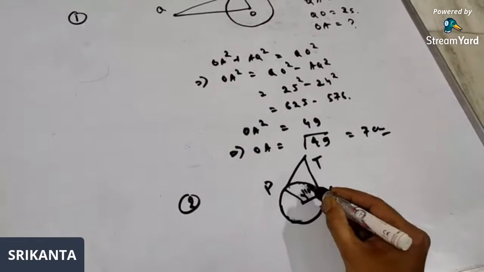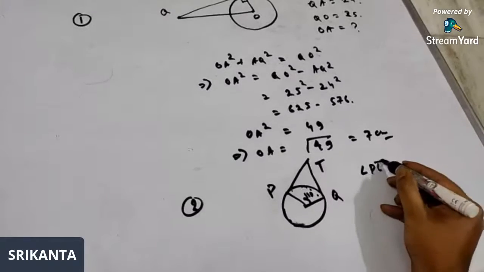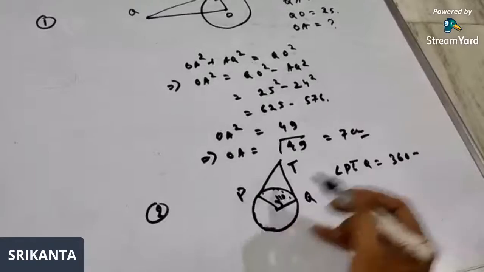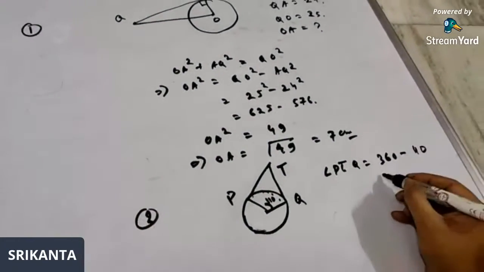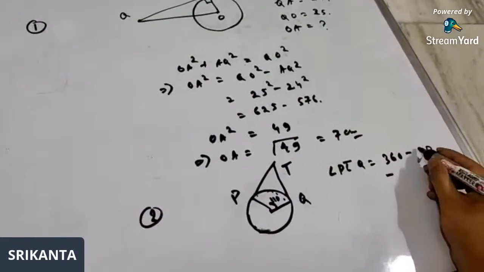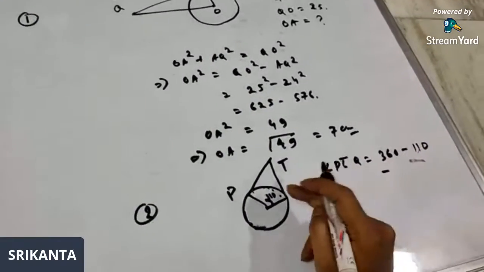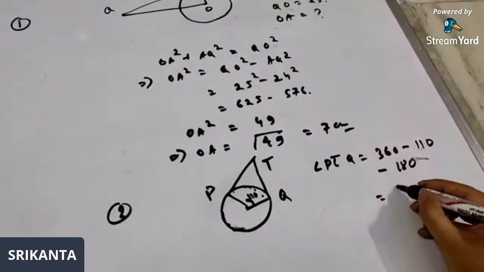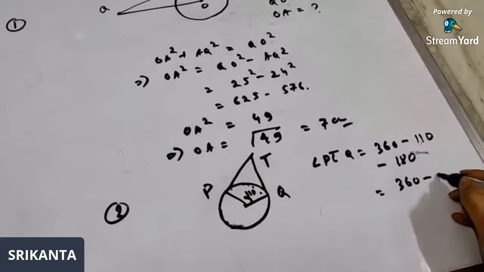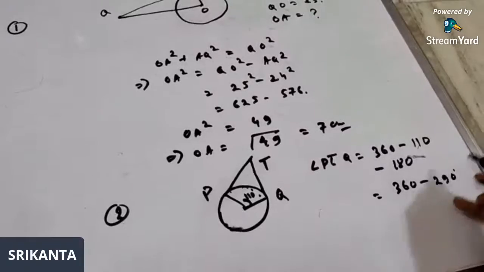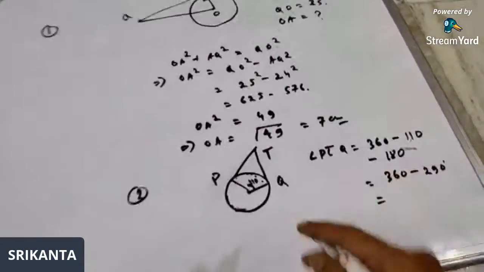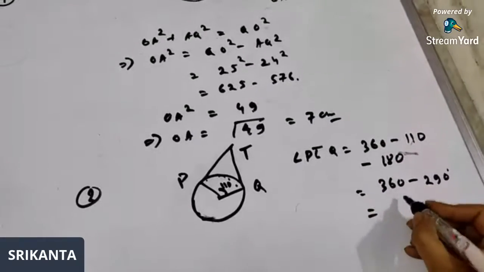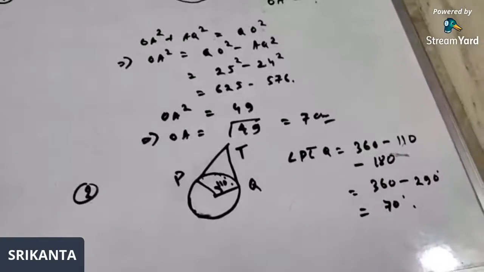This is 110. So angle PTQ will be 360 minus 110 minus 90 minus 90, so 360 minus 180. Clear? 70 degrees.